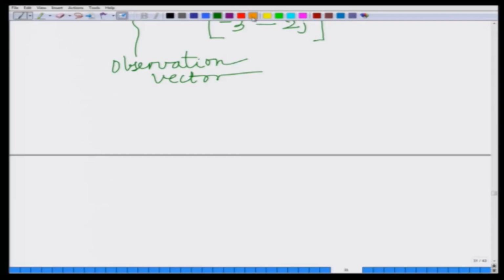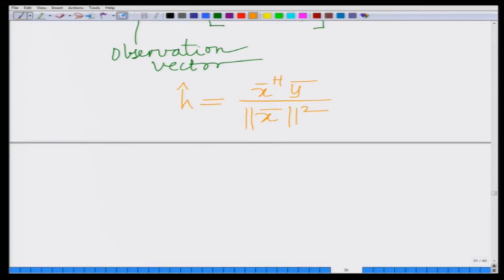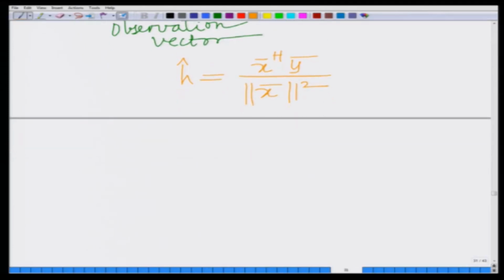And as we have derived, the estimate of the complex channel coefficient, h hat, equals x bar Hermitian y bar divided by norm x bar square. Remember, this is the estimate of the complex baseband channel coefficient.